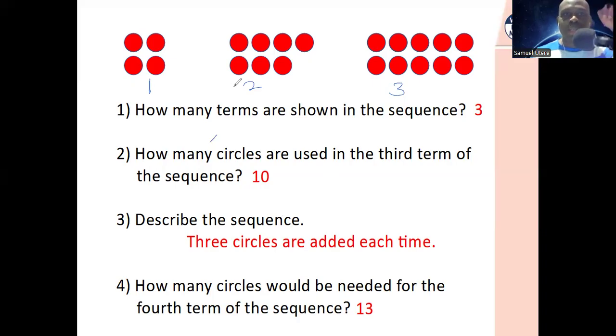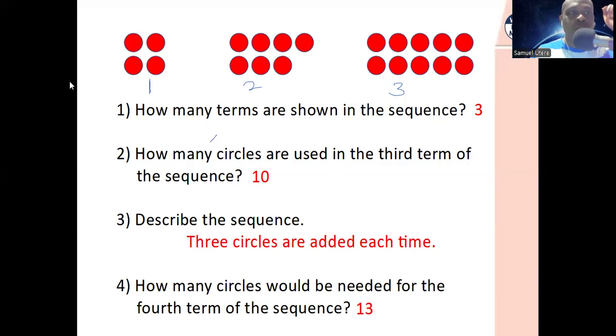You can clearly see that we're adding three circles each time. Next, you're being asked how many circles would be needed for the fourth term of the sequence. Well, if the third term is 10, and we're adding three every time, then the number of circles in the fourth term will be 13.